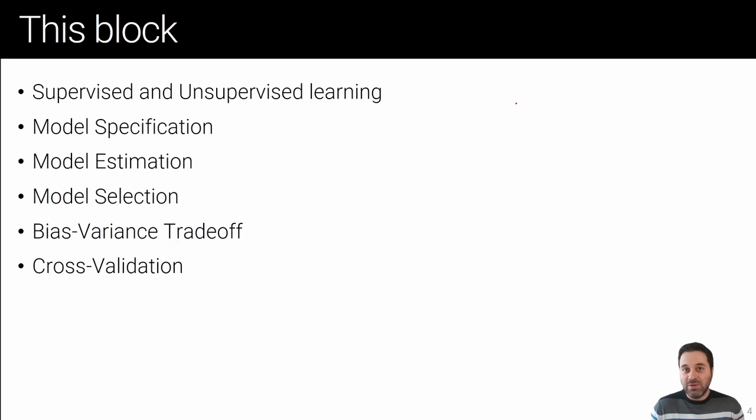And everything is related to a very important concept in modeling, which is the bias variance trade-off. In the end, we're going to see that in practice, there are situations in which it's nearly impossible to know really whether a model is good or not. And we have to get around certain limitations. And one way of doing that is cross-validation.